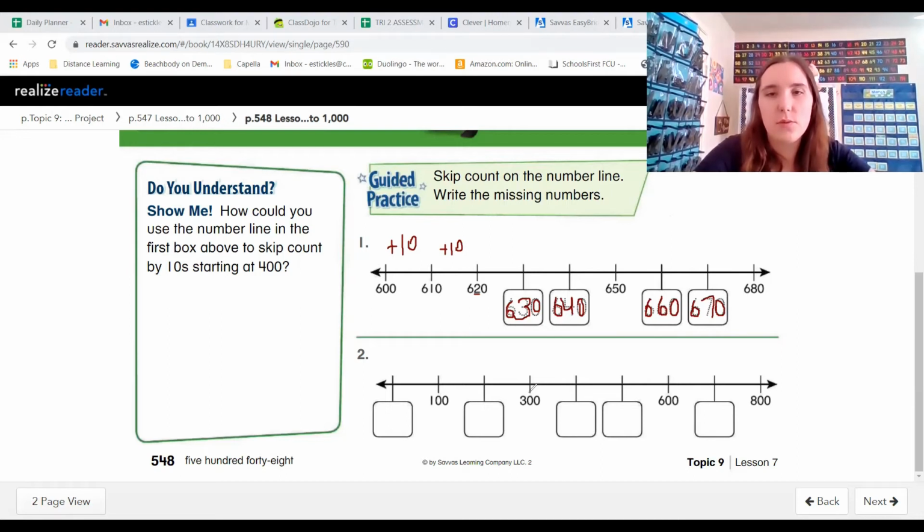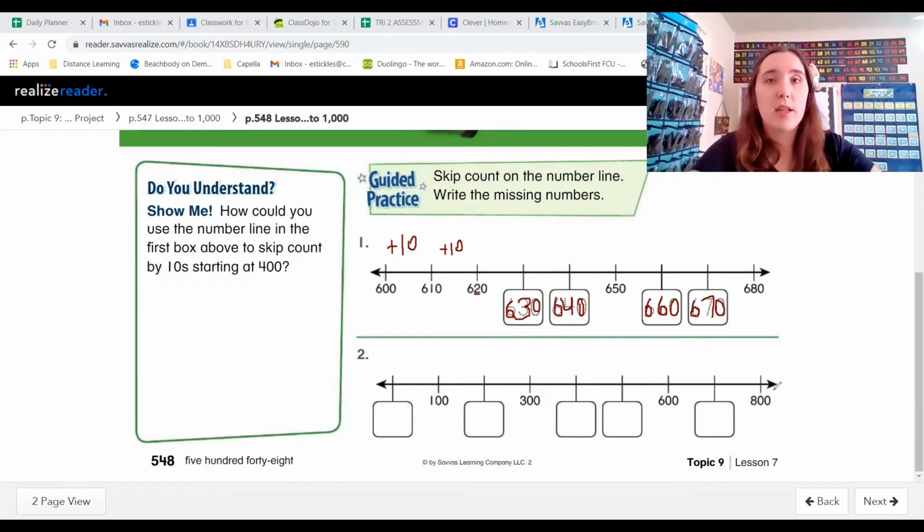Let's see what is going on with this number line. So we have missing number, 100, missing number, 300, missing number, 600, missing number, 800. This one is tricky. Now here's how we can figure this out. If we look at how many spaces are between 600 and 800, we can see that there's only 2 spaces, but you would have to add 200 to go from 600 to 800.